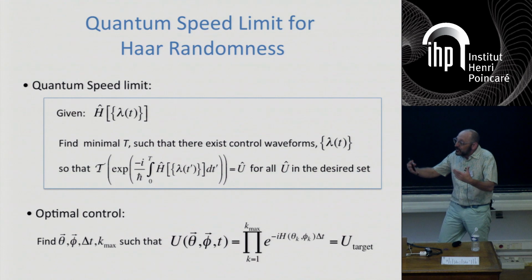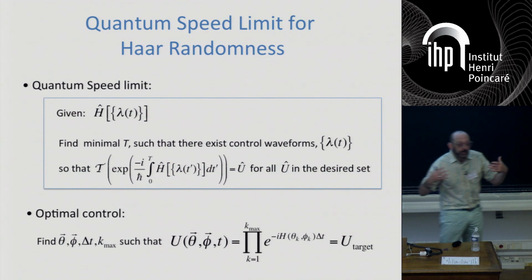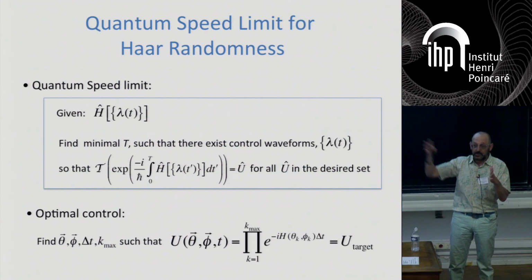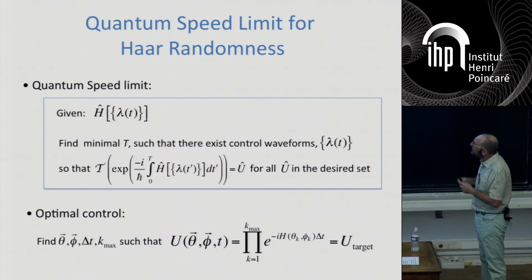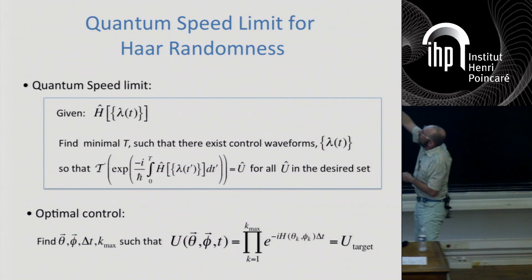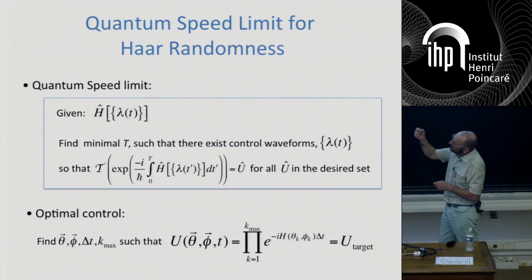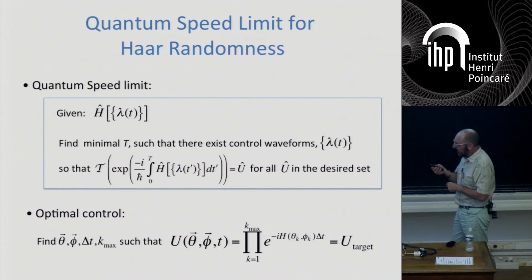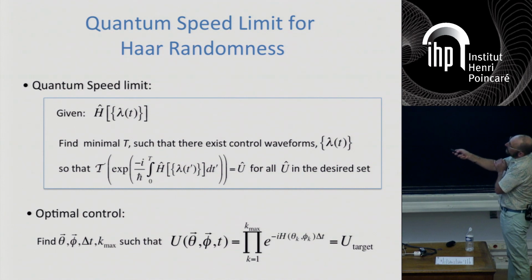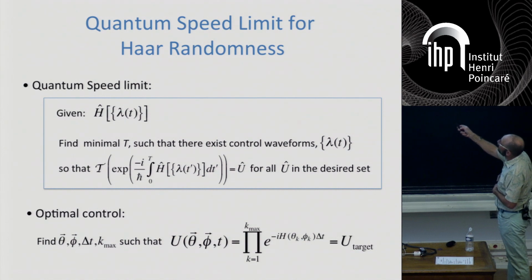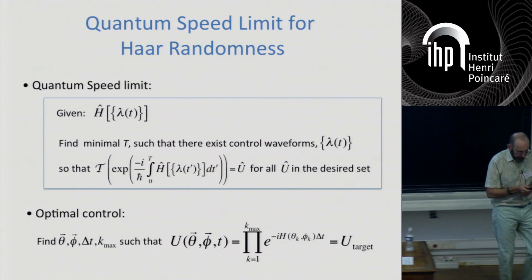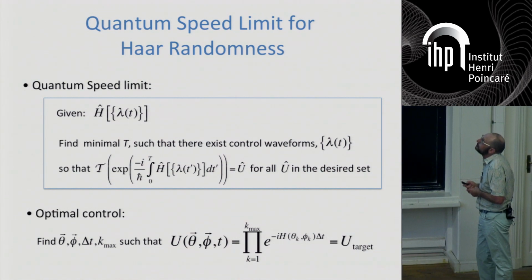Given a certain amount of energy and bandwidth in the system, there's only so fast you can get to that, okay? So if I thought about this as a bunch of piecewise constant values of my thetas and phis, there's a kind of minimal number of these little pulses I need to get to an arbitrary target in the system. That's what's known as the quantum speed limit.